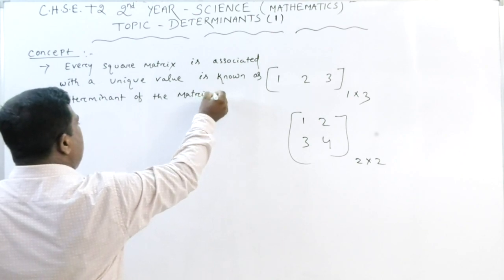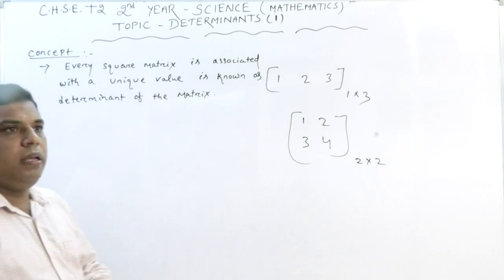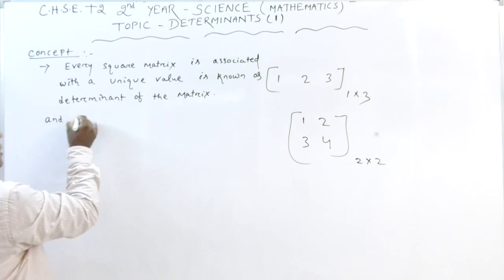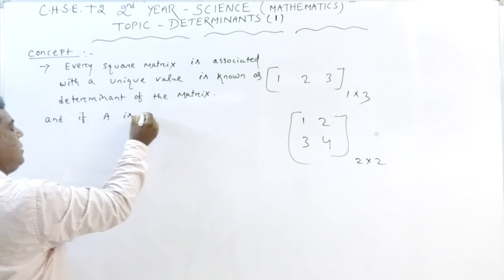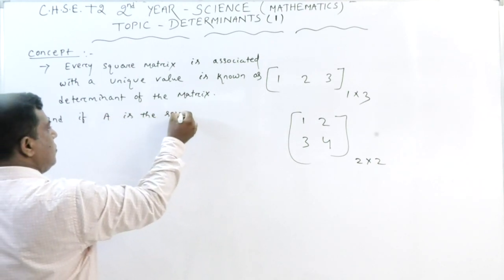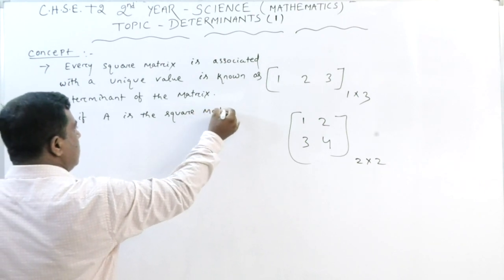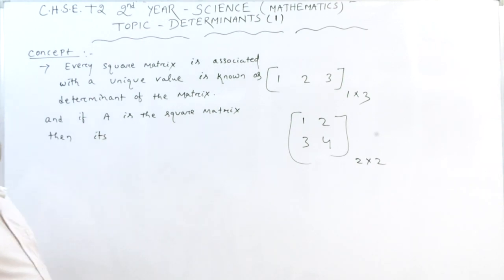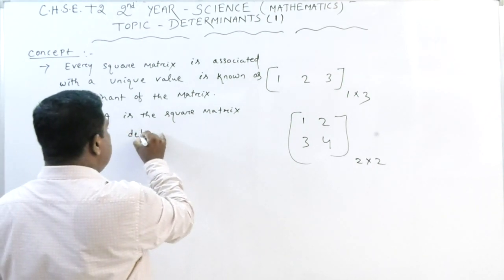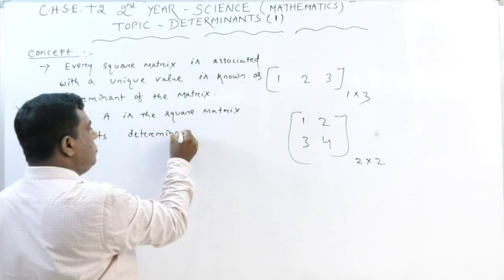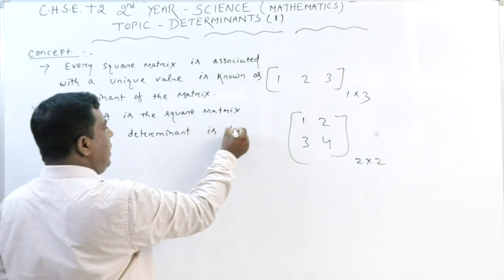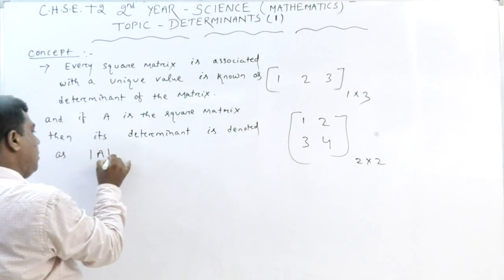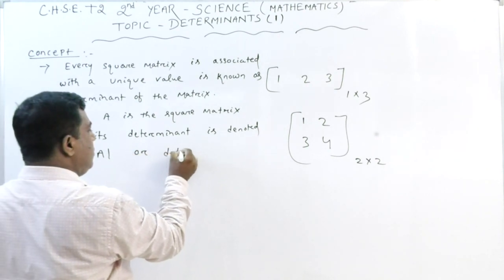It is symbolized as follows: if A is the square matrix, then its determinant value, or determinant, is denoted or written in this format.